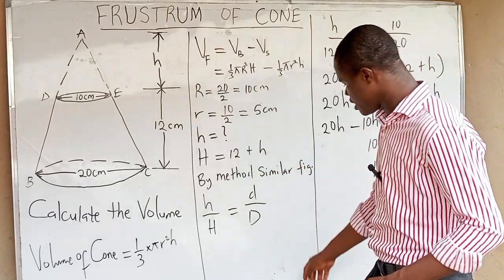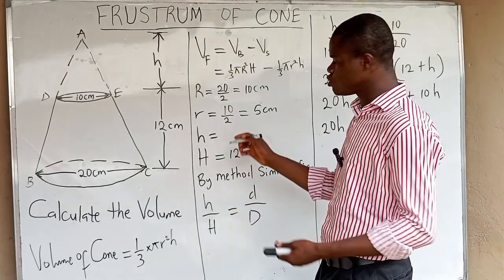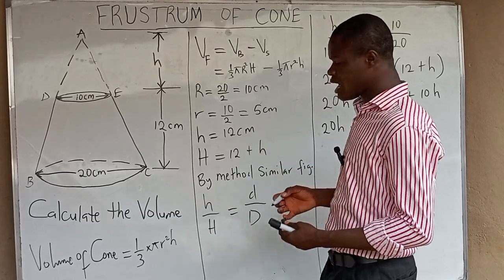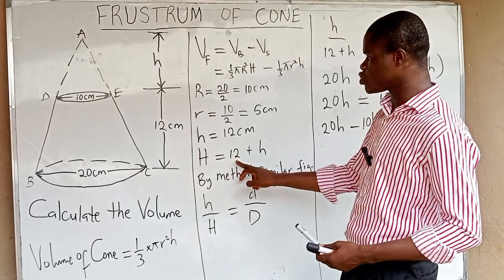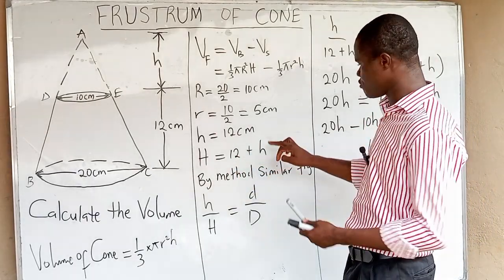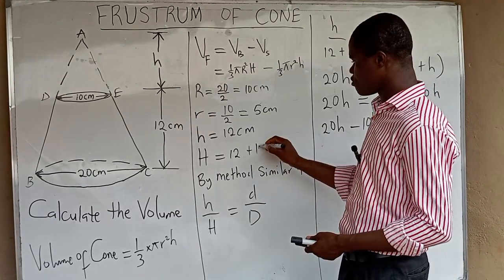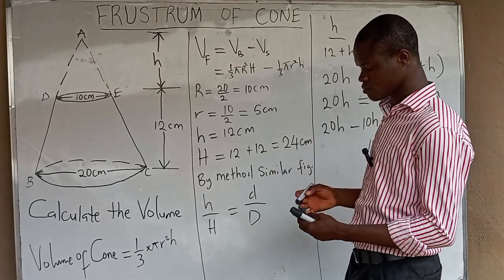So I can now come here and replace the h with 12 centimeter. And then the bigger height is now 12 plus h, which is now 12. So I can now replace this with 12 and I will get 24 centimeter.